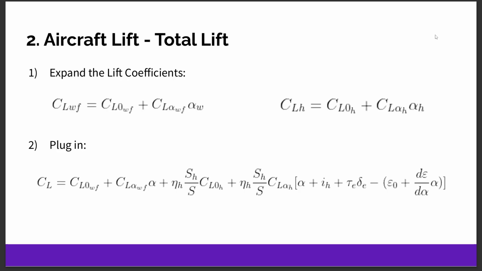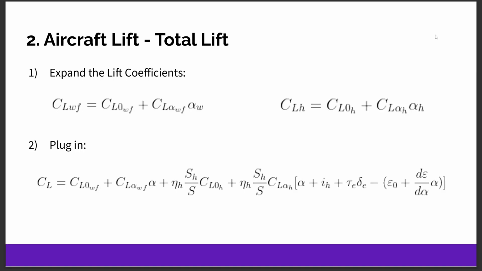So what we're going to do here is expand the lift coefficient of the main wing and the lift coefficient of the horizontal stabilizer. And we see that they're equal to CL0 of the main wing plus CL alpha of the main wing times alpha of the main wing.